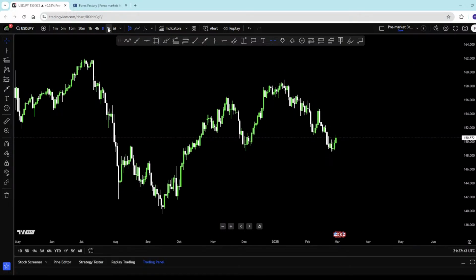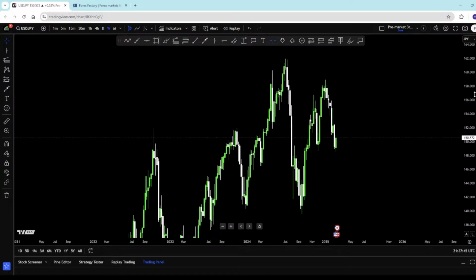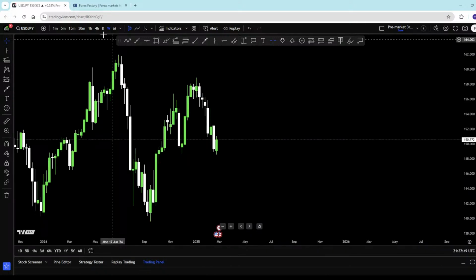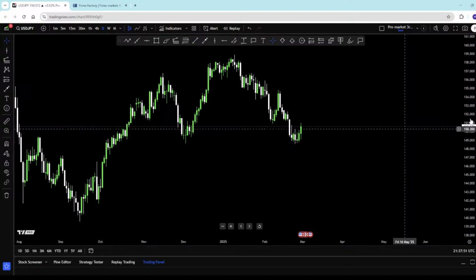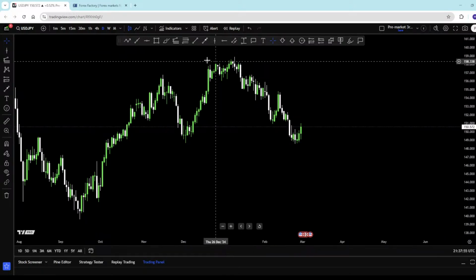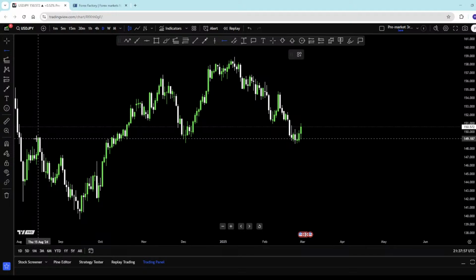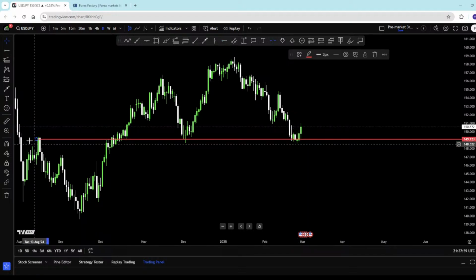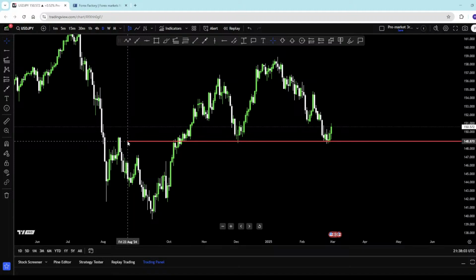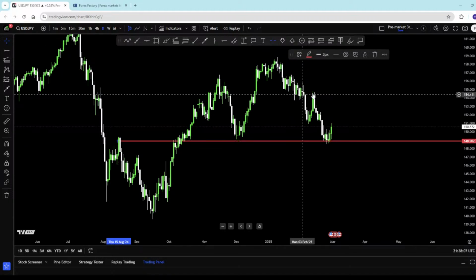So on our weekly time frame, you can see prices generally moving downwards, but the daily time frame is giving us a bit of an uptick recently, or a bit of a bounce. Okay, so this will be my first support.